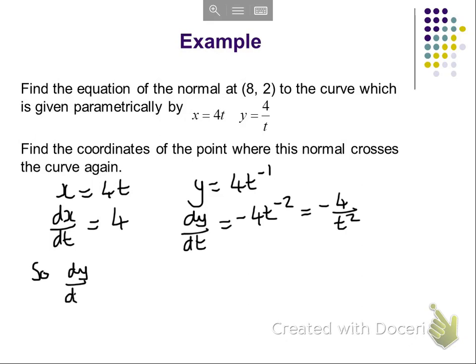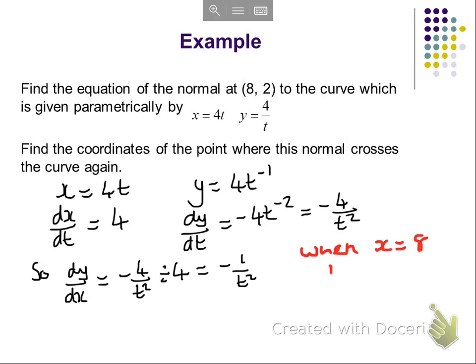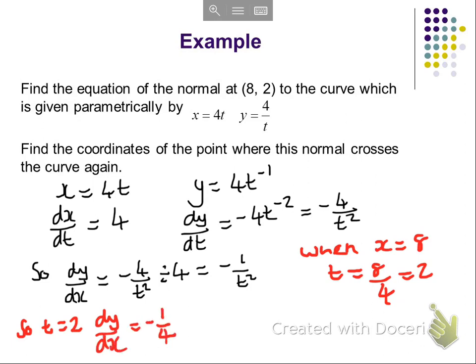So dy by dx is going to equal minus 4 over t squared divided by 4, which is minus 1 over t squared. So when x equals 8, we can say t equals 8 over 4, which equals 2. So when t equals 2, dy by dx will equal minus 1/4. So the gradient of the normal at the point 8, 2 is going to be equal to 4.